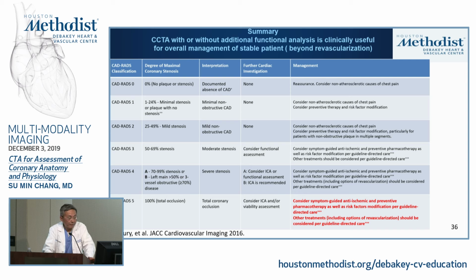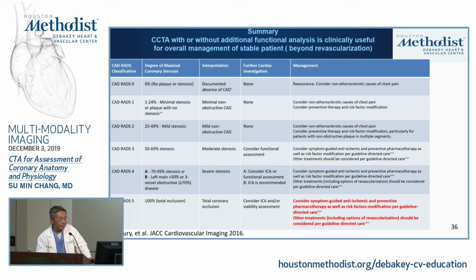Okay, going from absence of coronary disease, when you read a study, okay, to minimal, mild, non-occlusive, moderate stenosis, severe stenosis, to total occlusion. I think it's quite a balanced approach in terms of the management. Essentially, if you have no disease, minimal, non-obstructive, mild, non-obstructive disease, I mean, basically it's risk factor modification.